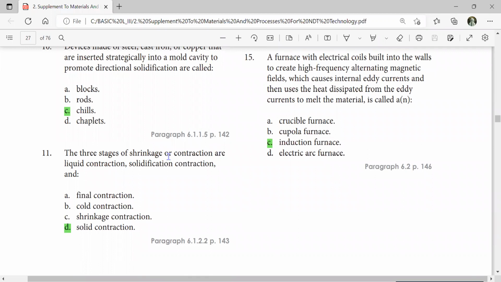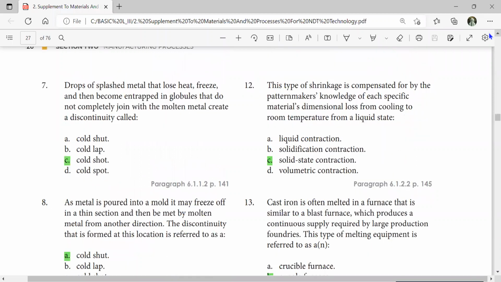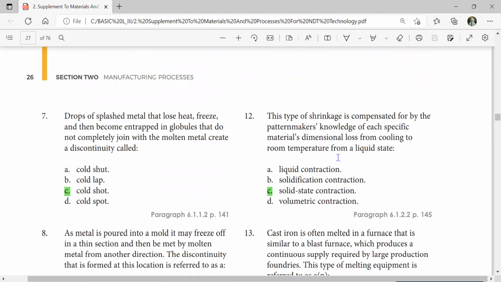The three stages of shrinkage or contraction are liquid contraction, solidification contraction, and solid contraction. That is shrinkage. This type of shrinkage is compensated for by the pattern maker's knowledge of each specific material's dimensional loss from cooling to room temperature from the liquid state.